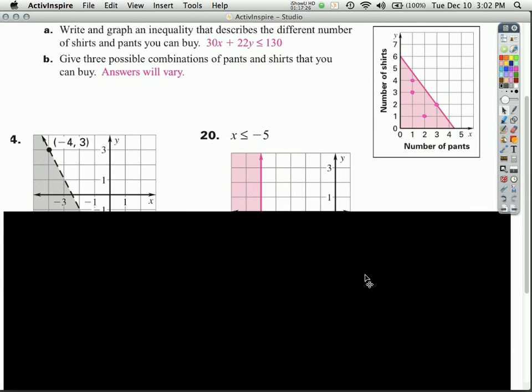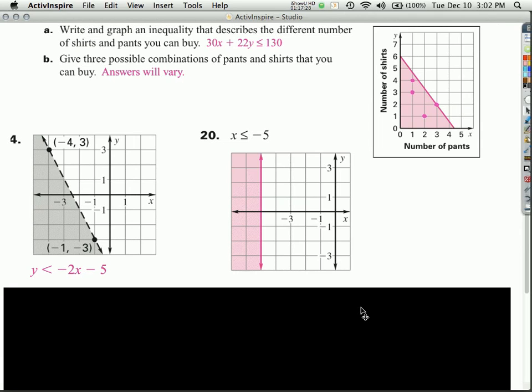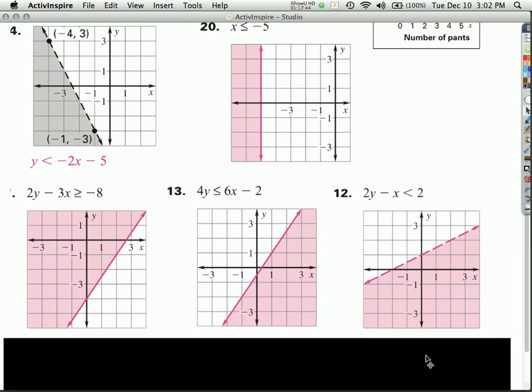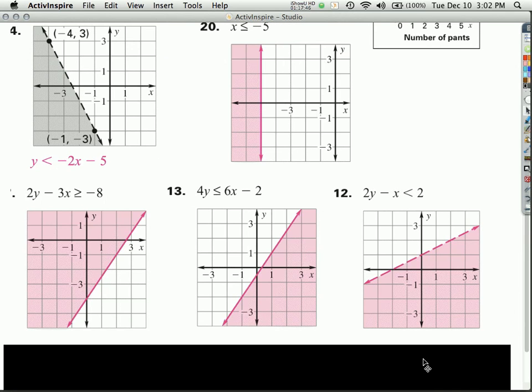24, you had to write the inequality. 20, to graph the inequality, that should have taken you a nanosecond. I'll go back to 25 again if you need me to. Here were these three, and I don't think we got past this.